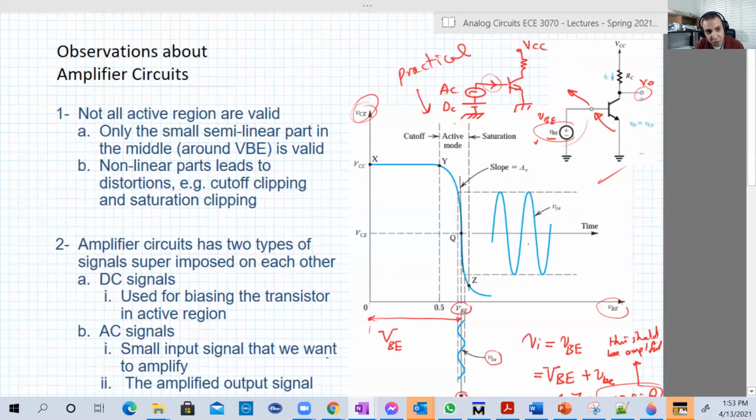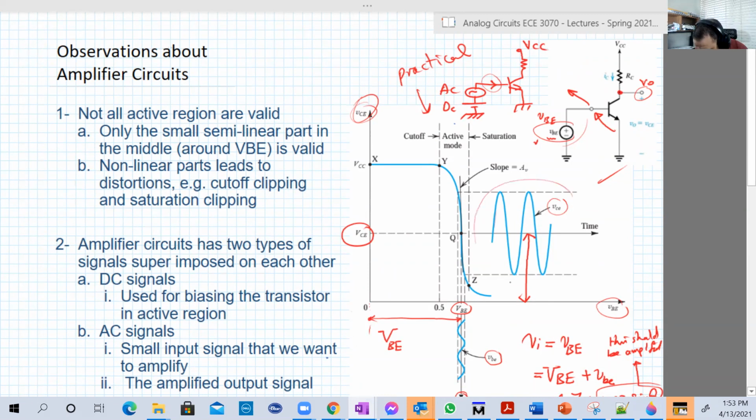And look at the output. The output is more clear. Look, the output here is also a DC, which is that level here, called V capital CE capital, and also an AC superimposed on it, called V small CE small. So VO here is this voltage at that point. If you have an oscilloscope and you want to test the voltage at that point, you will see AC and DC at the same time.